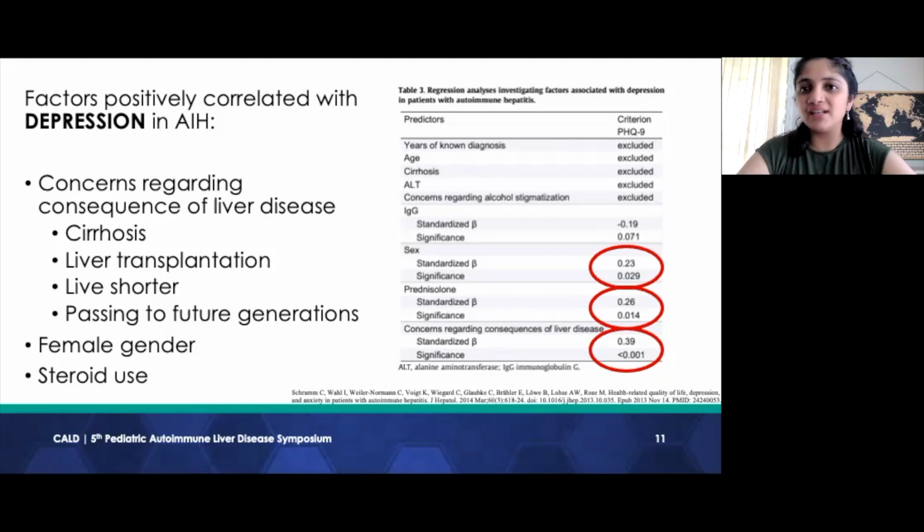As you can think, concerns about whether the liver disease will progress to cirrhosis, whether they'll need transplantation, death, or even passing it to future generations contributed a lot to depression, and as we'll see in the next slide, also to anxiety. Female gender and steroid use were both pretty significantly affecting the mood in these patients.